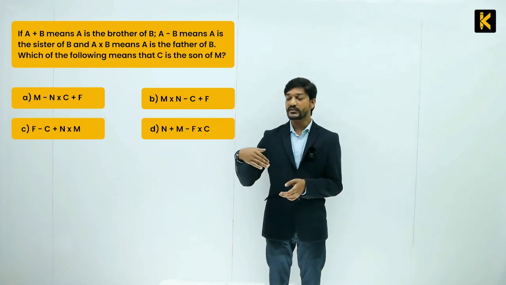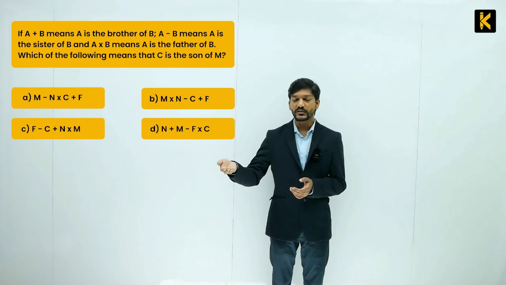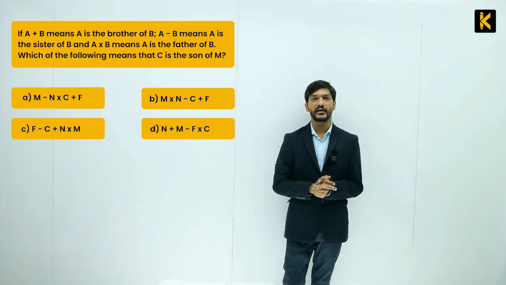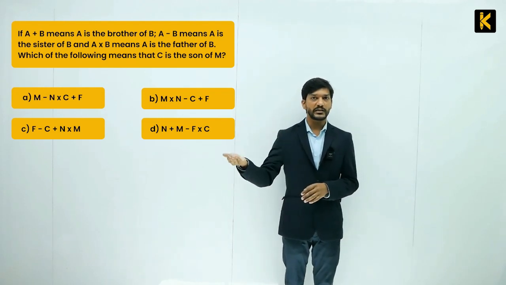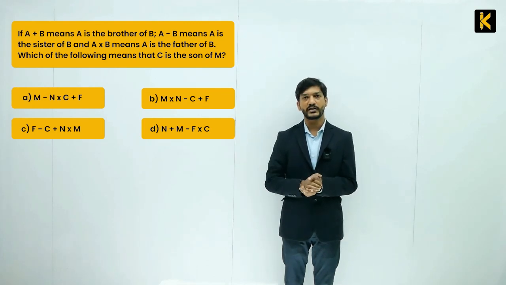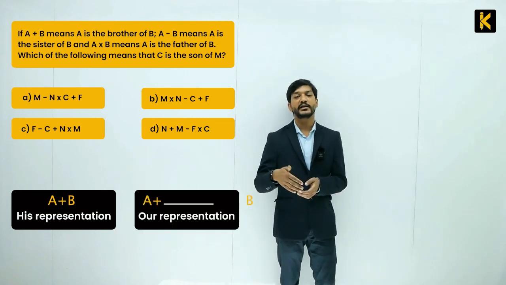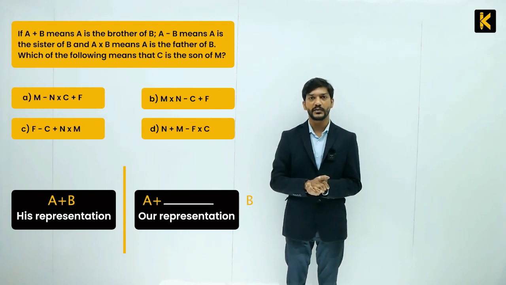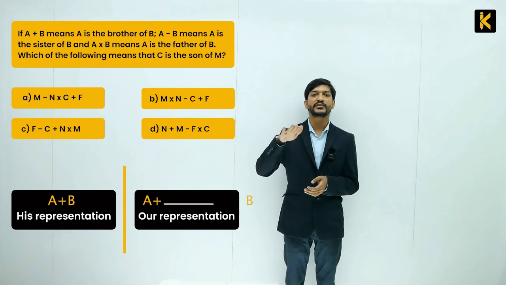Based on the symbols he has taken and the personal symbols we have taken to represent the relations, we will convert his symbols into our symbols. His representation is A plus B. Our representation is different. We take a single line to show brother, sister and father relationships, and we take the generation gap.